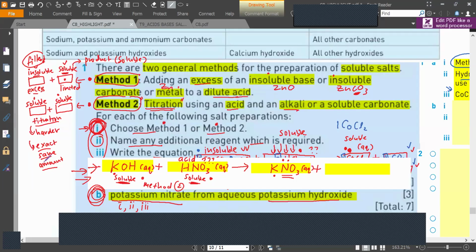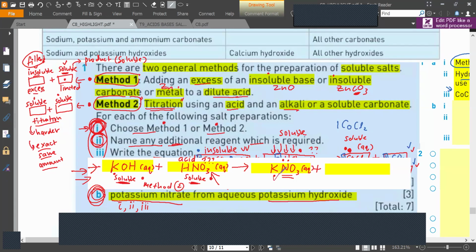So part two, I name any additional reagent. Just now we already mentioned the additional reagent is nitric acid. Okay, write the equation. Try to work out the equation and balance it. First, tell me what is the second product.